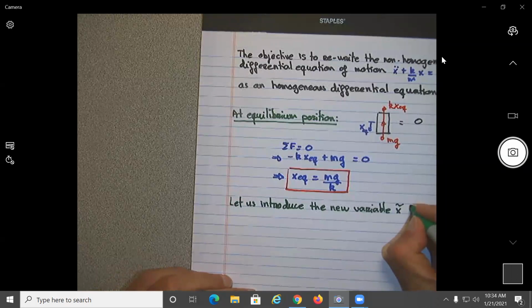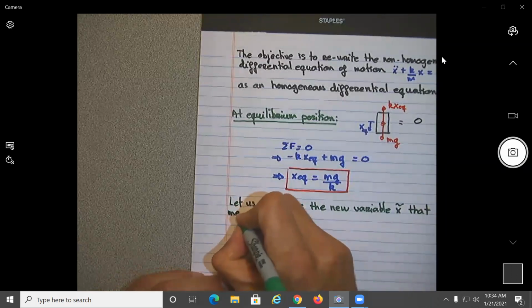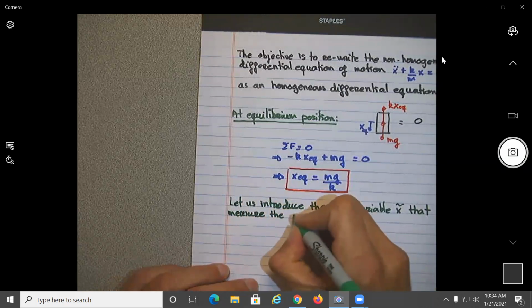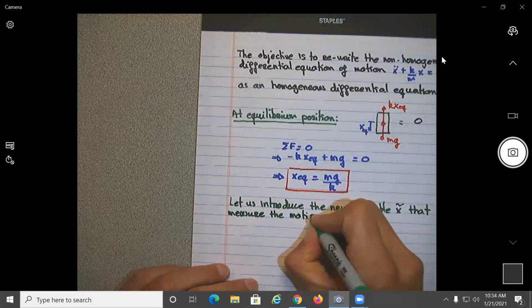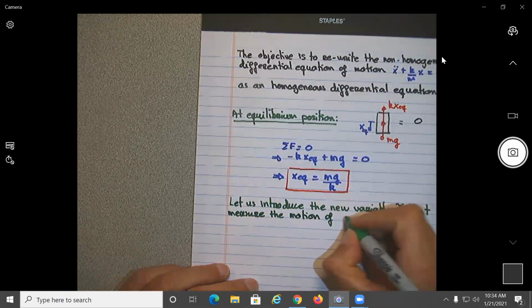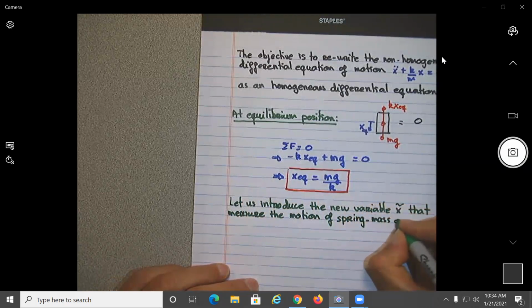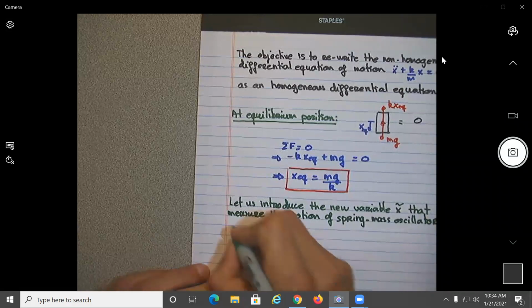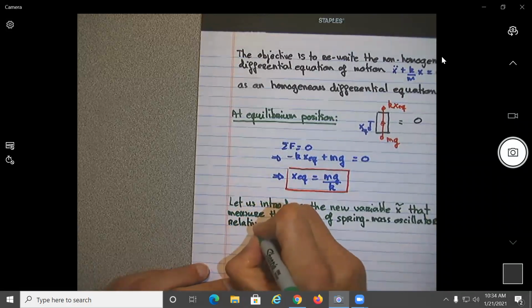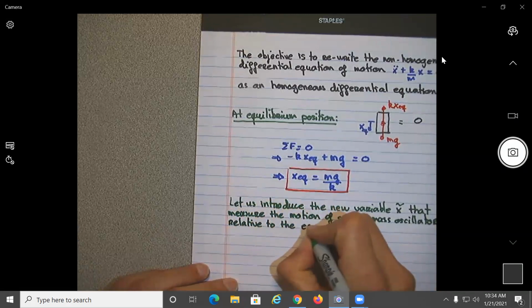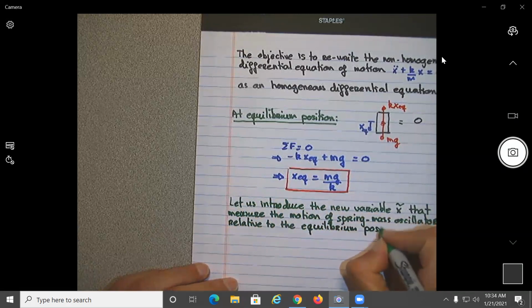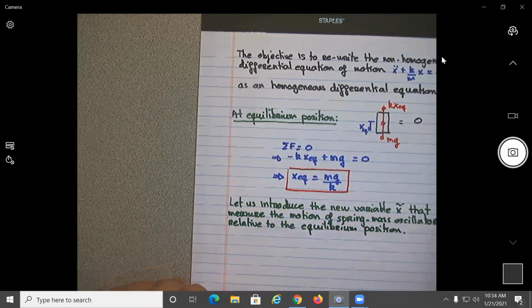But this new variable is the one that measures the motion of the spring mass oscillator relative to the equilibrium position.